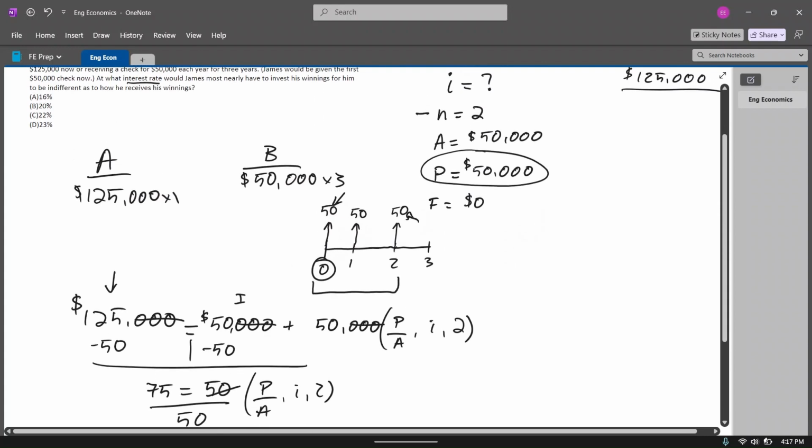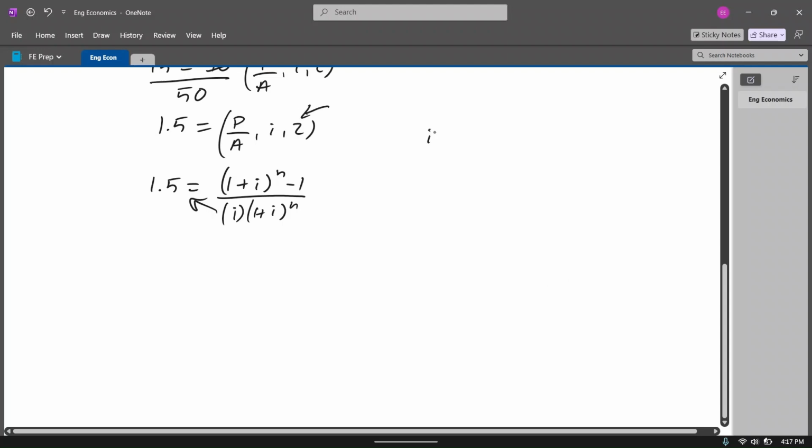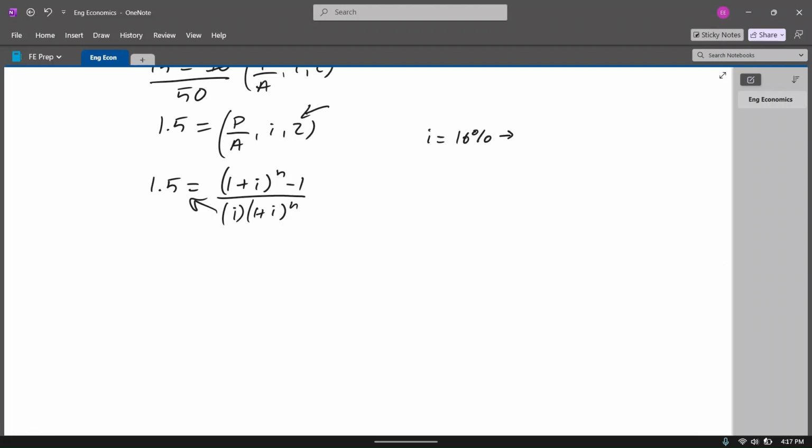So we have 16, 20, 22, and 23%. So if interest is equal to 16%, this value is going to be 1.605. If the interest is 20%, this value is going to be 1.52778. If the interest is 22%, this value is going to be 1.4915.